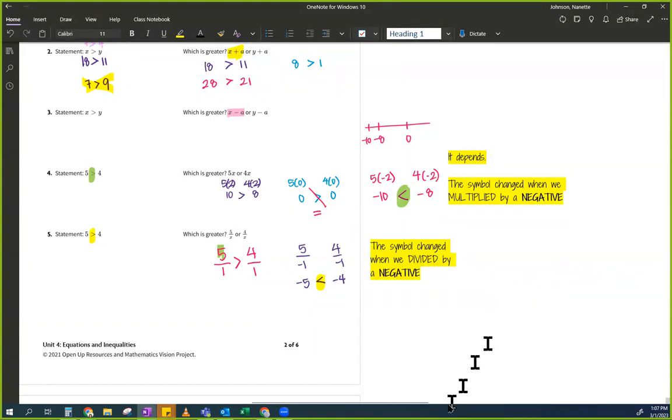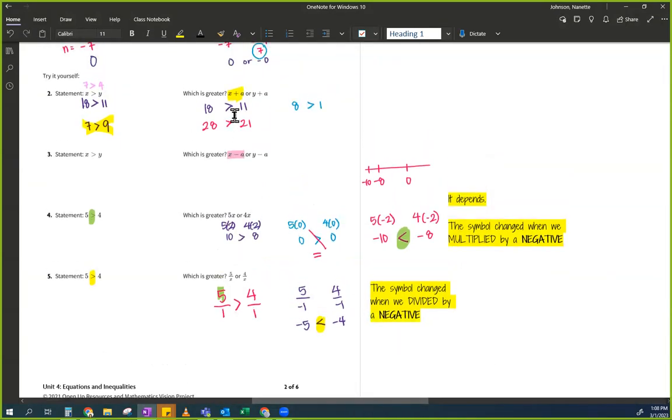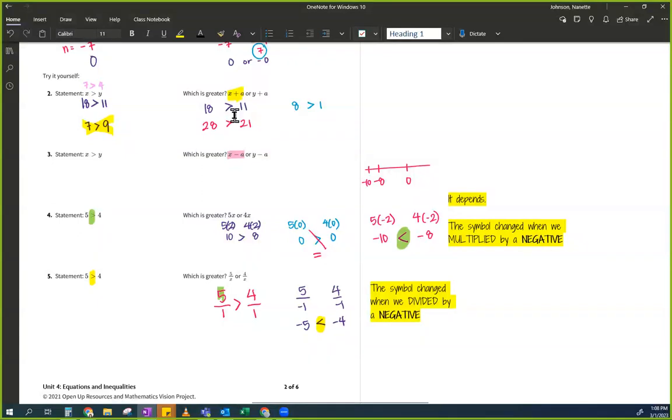Okay, so say this again. When does the symbol change? When we add? No. Shake your faces so I know you're with me. What about when I subtract? No. When I multiply? Yes. When I divide? Yes.